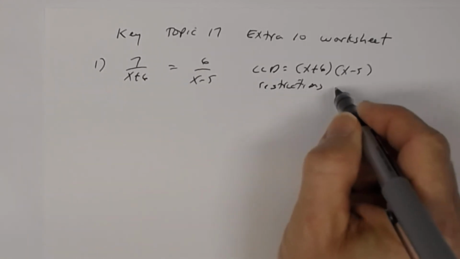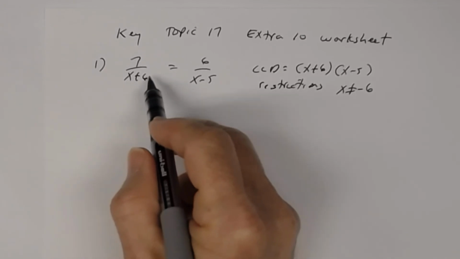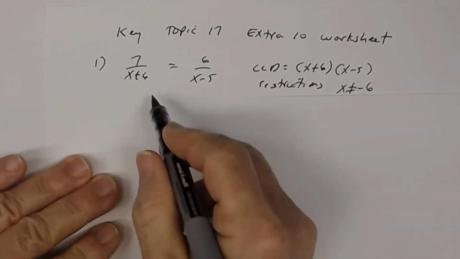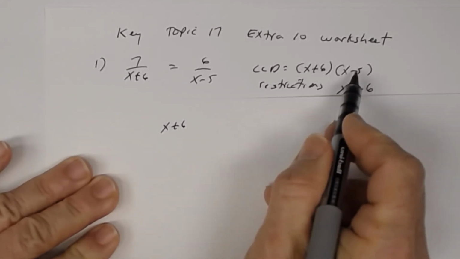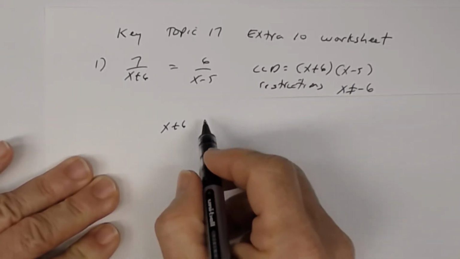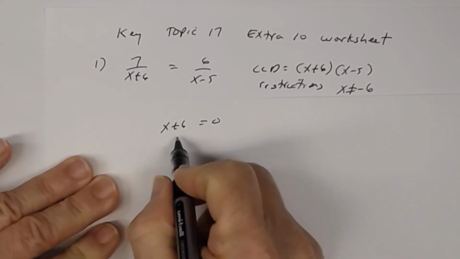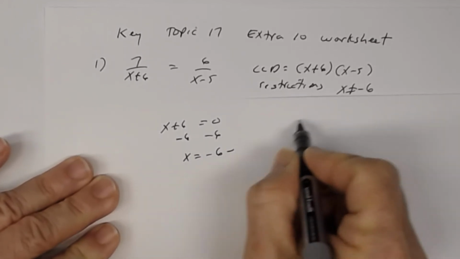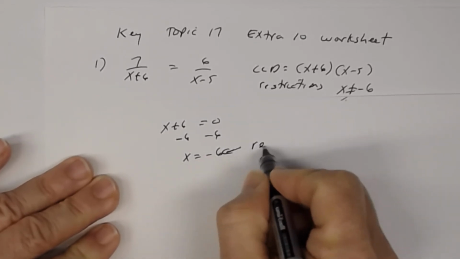So my restriction is that x cannot equal negative 6. That's one of them because negative 6 makes this denominator 0. But all you have to do is take each factor from your least common denominator, x plus 6, and find out where the 0 is. Solve this linear equation for x. You subtract 6 from both sides, you get x to be negative 6, and that's what you see here. So that's your restriction.